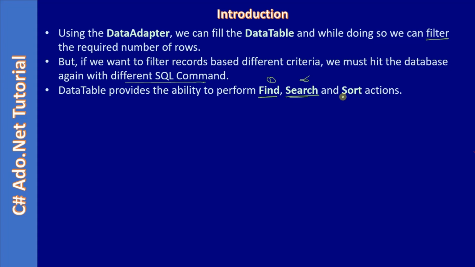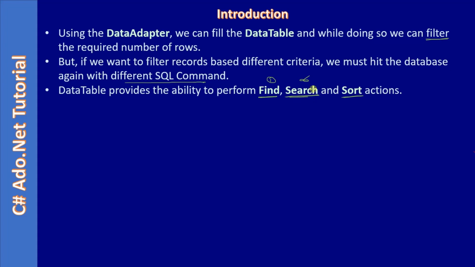And you can also perform the sort. The sort will be performed based on the data available in the data table. This is not the sort that you will use with the ascending or descending option of the SQL query. So we will not hit the database when performing this operation.